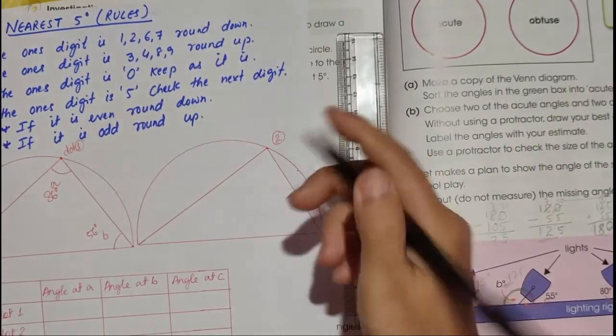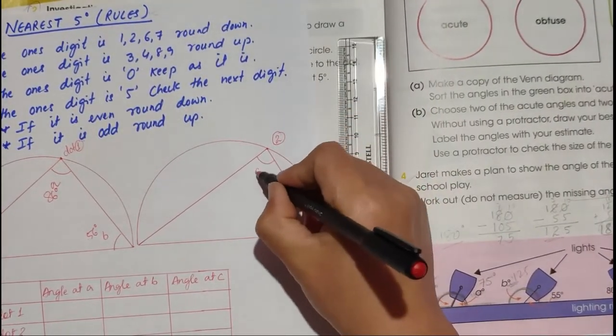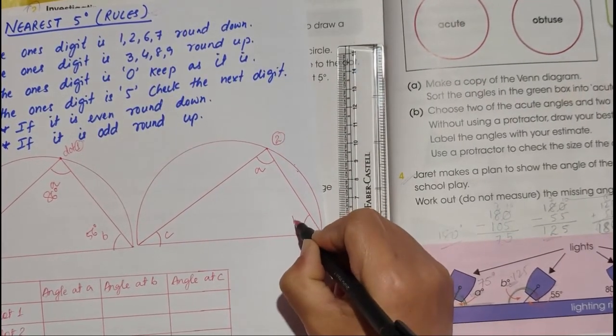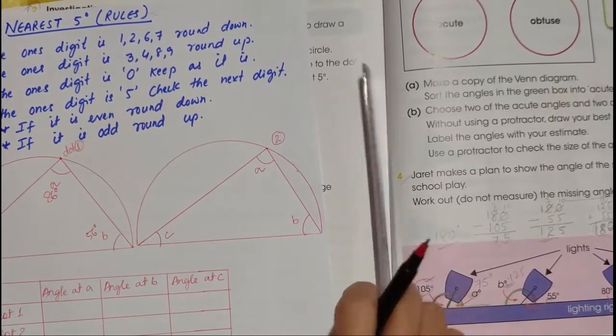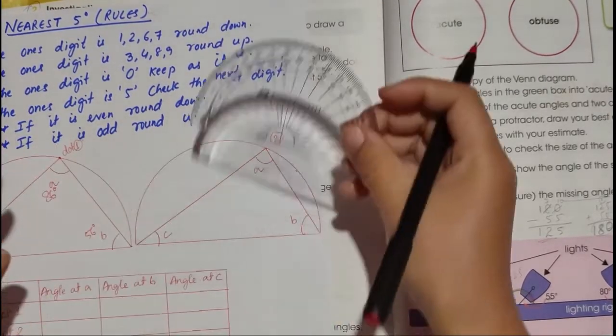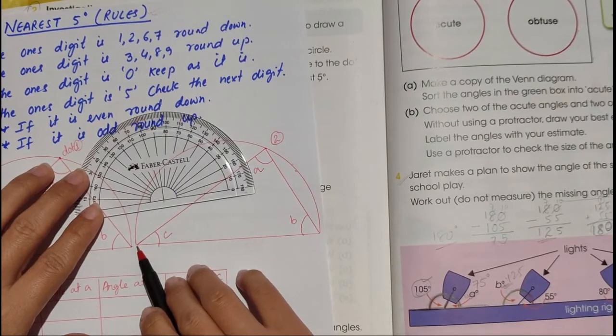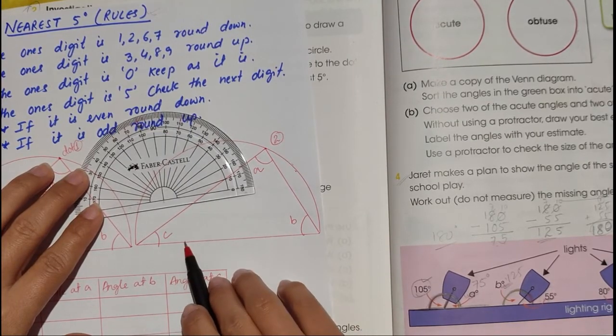So now that I've done that, I'm going to take this one as angle A, this one as C, and this one as B. Like how I did for dot number 1, I'm going to measure the angle using a protractor. Same thing, the center will come here and this line will be on this line.